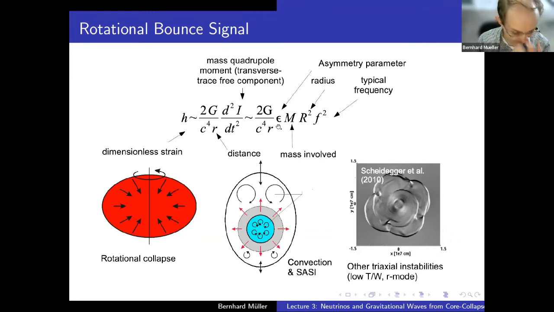Of course, this will hugely overestimate the actual amplitudes if the matter is only mildly deviating from spherical symmetry. So there's going to be an asymmetry parameter, which is in core collapse supernovae much smaller than 1, that we actually have to find out from simulations or from good physical arguments.